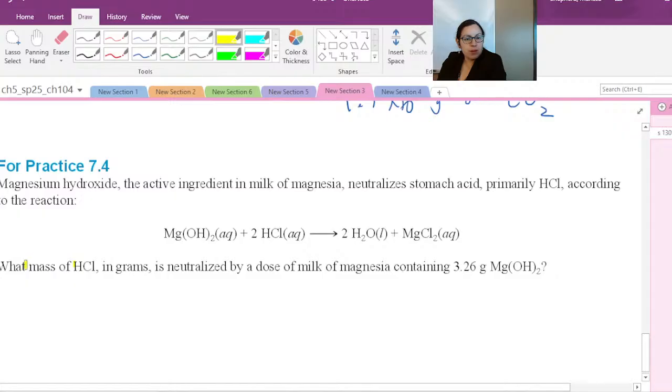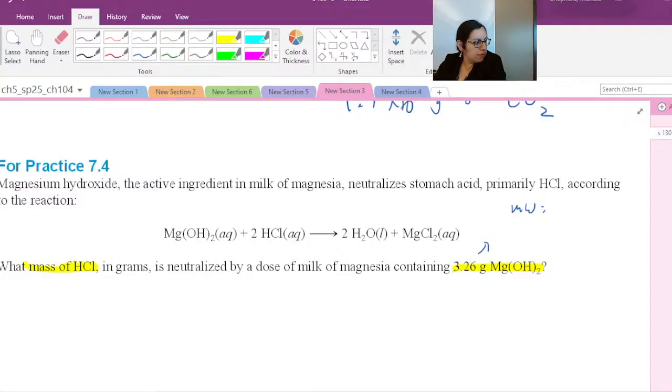So we're asked to find the mass of HCl neutralized by a dose of milk of magnesia containing 3.26 grams of magnesium hydroxide. So what information do we need? The molar mass of magnesium hydroxide and the molar mass of hydrochloric acid.